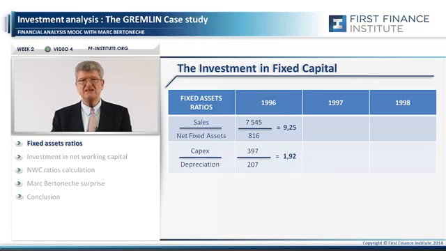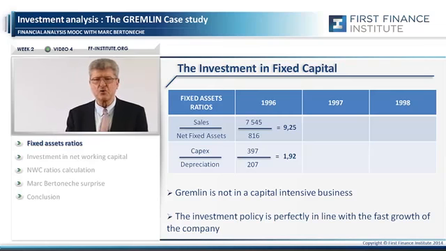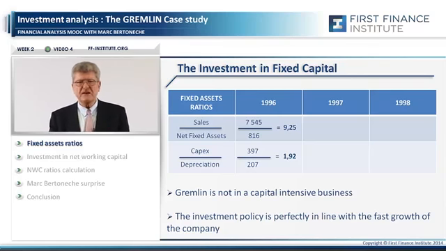GREMLIN in 1996 has invested in fixed capital 1.92 times its depreciation, which is perfectly in line with the fast growth experienced by the company. So even if GREMLIN has a low capital intensity, it needs to invest to follow the very high speed of its growth.